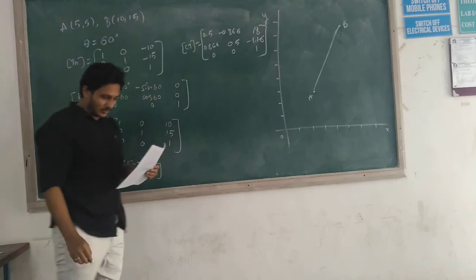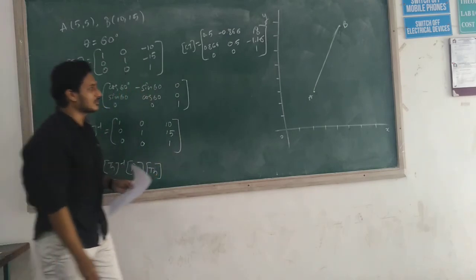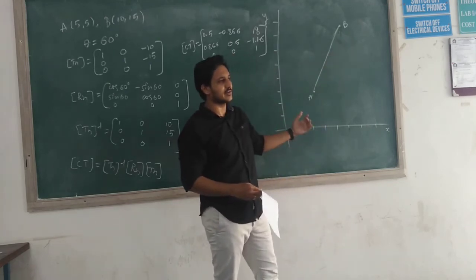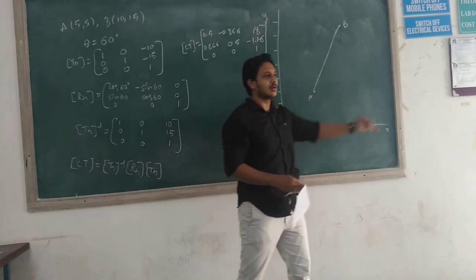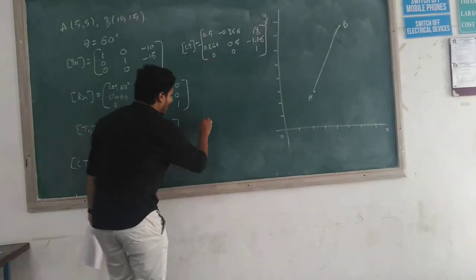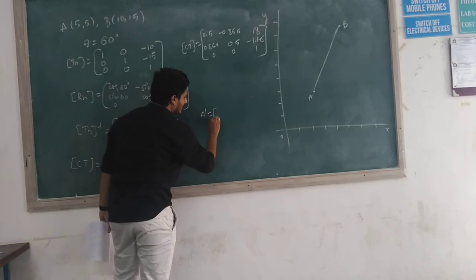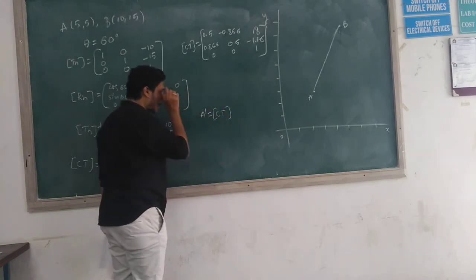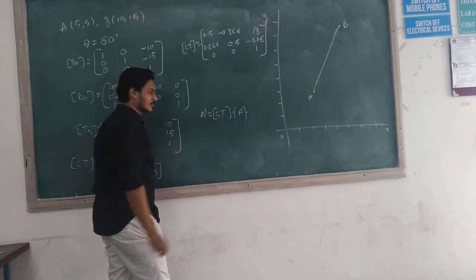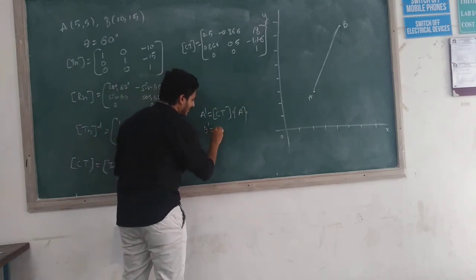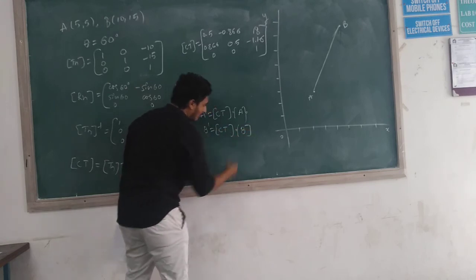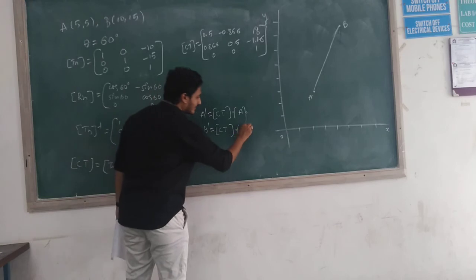So I found the concatenated transformation, but I want the new values of A and B after rotating 60 degrees counterclockwise about point B. So my A dash will be the concatenated transformation multiplied with the original point A, and B dash will be the concatenated transformation multiplied with the original point B. Okay.